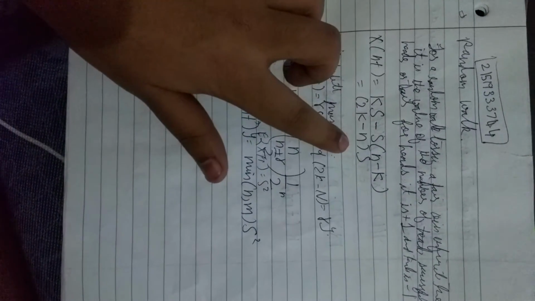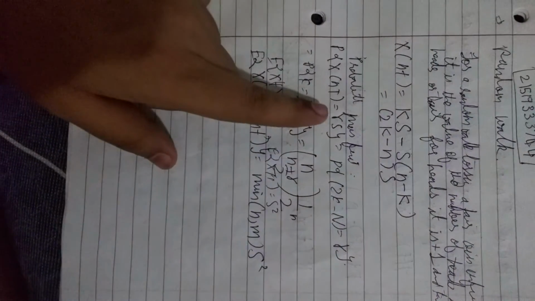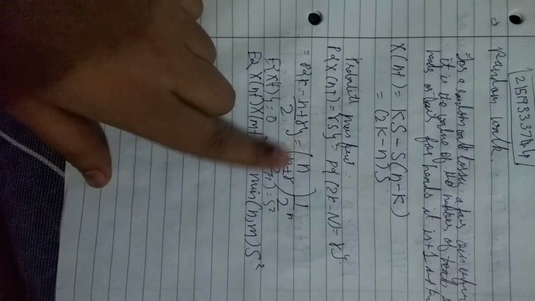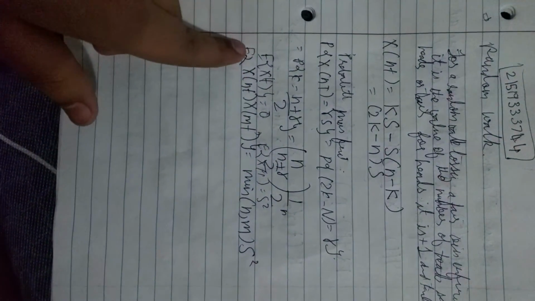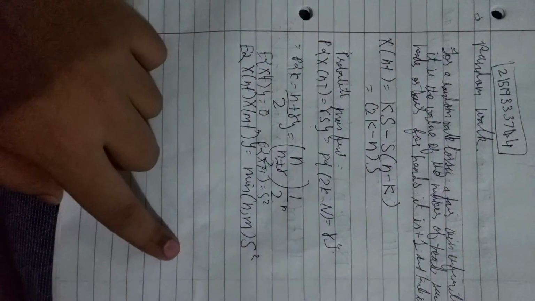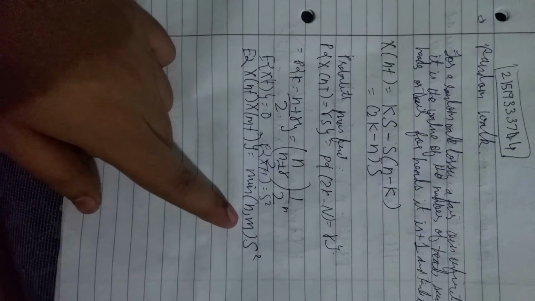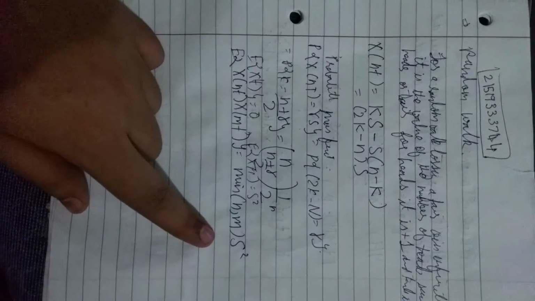This gives the number of heads. It is plus s if we get a head and minus s if we get a tail. So here are the various properties. This is the mean, and the variance is given by minimum of n and n into s square.